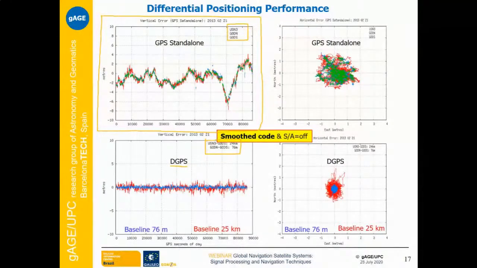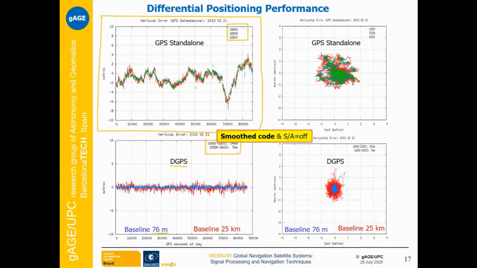Of course, for the receivers that are closer, we can see in blue the shorter distance that we call baseline. We can see that the errors are very cancelled, they are very eliminated.